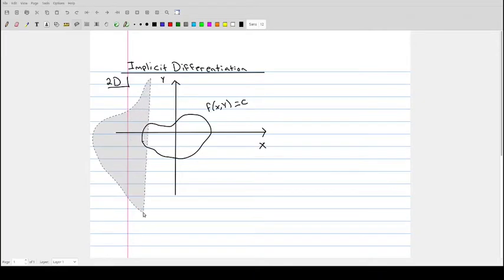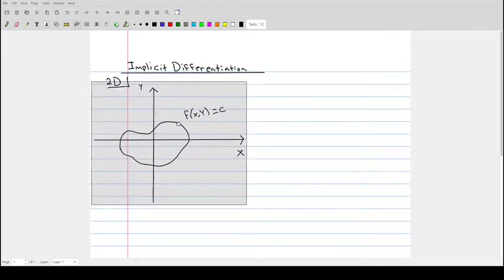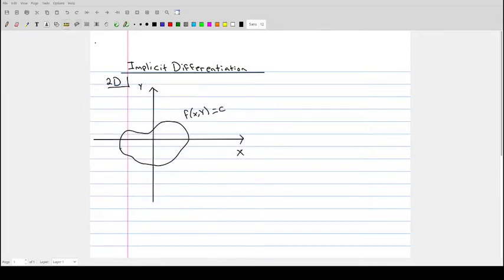A great example that you can always go with is the quadratic curves, say the ellipse or the circle or the hyperbola. I'll just do a circle of radius r, for simplicity.